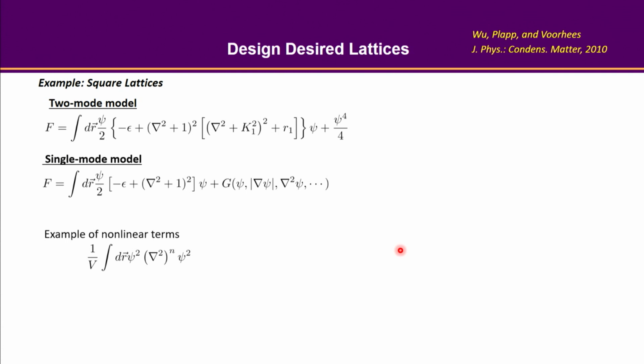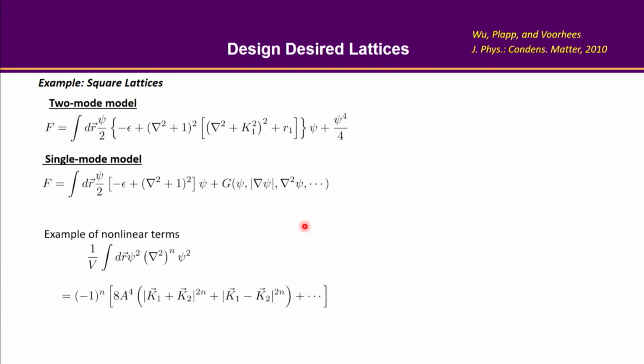So for example, if you consider a nonlinear term that's psi squared times the Laplacian to a certain power operating on psi squared. The simple case could be the Laplacian and psi squared times psi squared, or the Laplacian squared and psi squared, etc. So you can assume density waves, right?